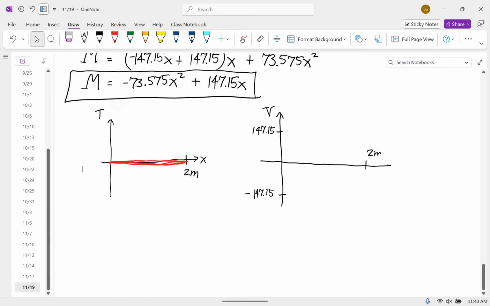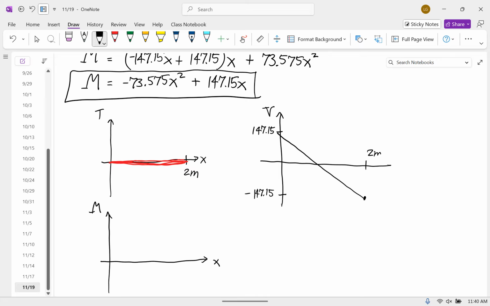And so it goes like this. And then the bending moment at the middle goes up to a maximum of 73.575.